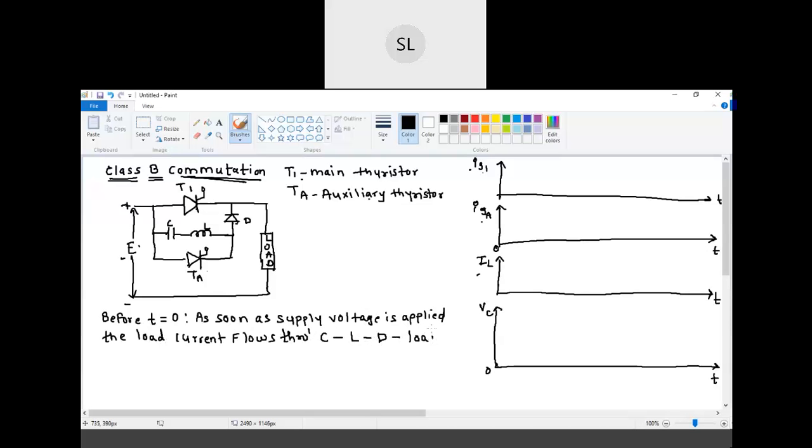Before t is equal to 0, that is before applying triggering signal to any one of these thyristors, initially both of them are in the off state.